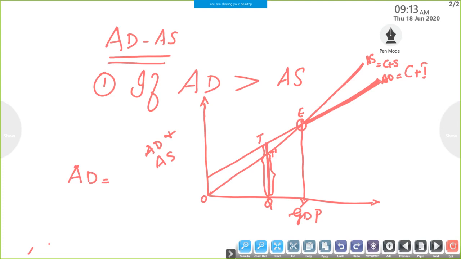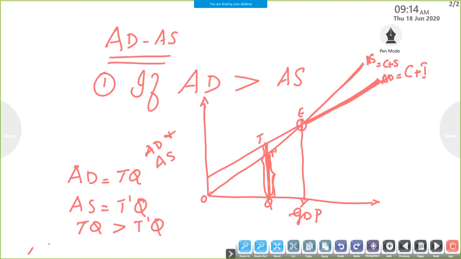This much is AD, right? This is the AD curve, that's why I started from here to here. So TQ shows AD. Then what about aggregate supply from here to here? That is why I am taking T dash Q. So we can write AS is equal to T dash Q. TQ is greater than T dash Q.